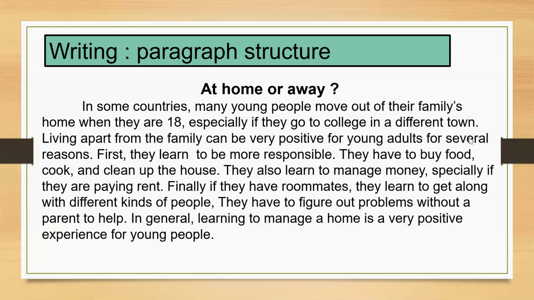Excellent. Very good. That will be like a closing sentence, right? Also, we can say that in general, learning to manage a home is a very positive experience for young people. Okay, so everything talks about how important it is that young people live alone, right, or move away from their parents. Okay, good. Excellent. Does anyone have problems with writing a paragraph or identifying the parts of the paragraph?